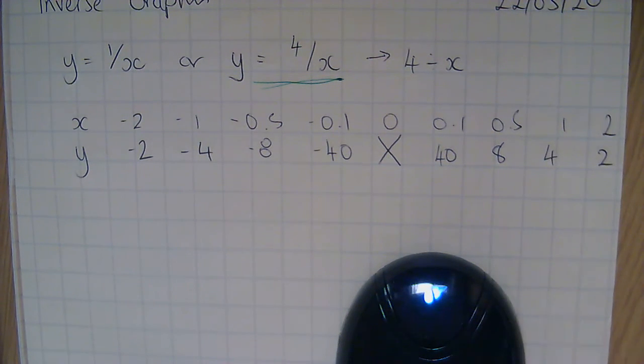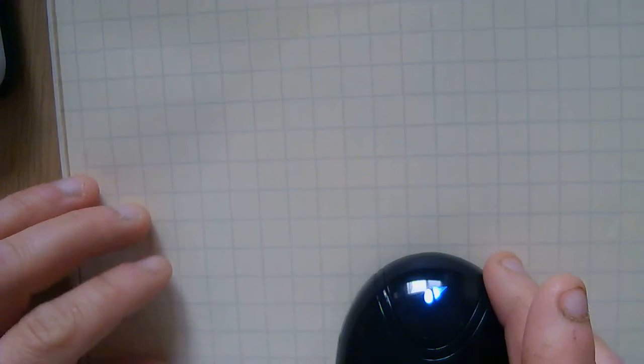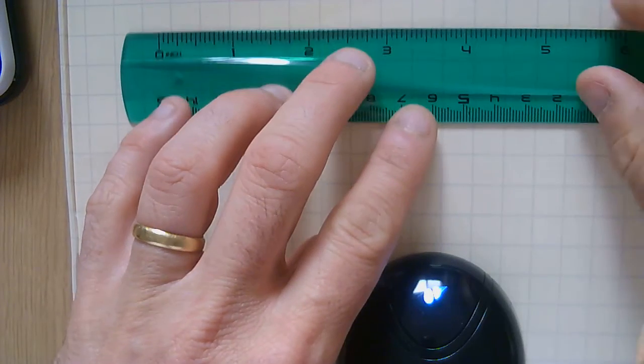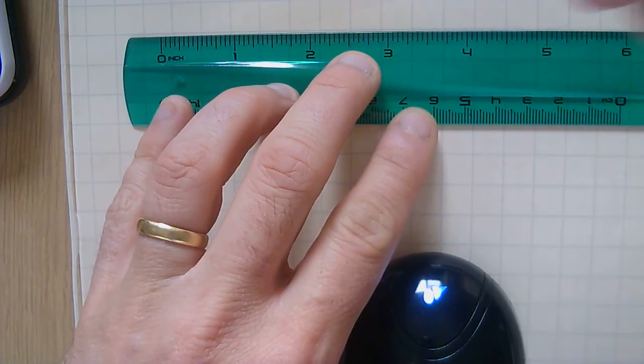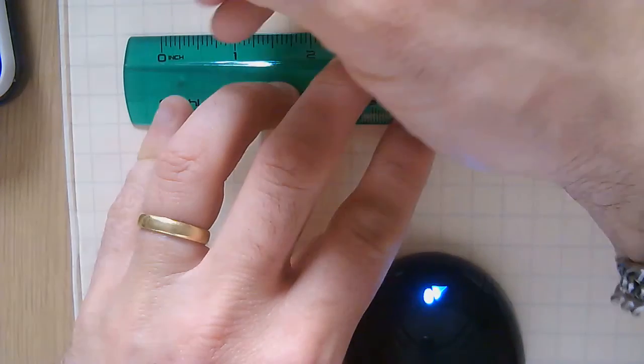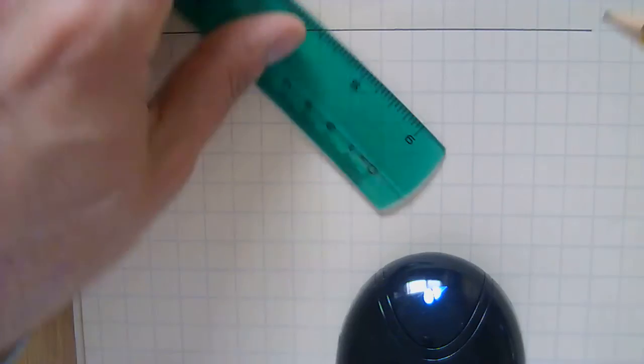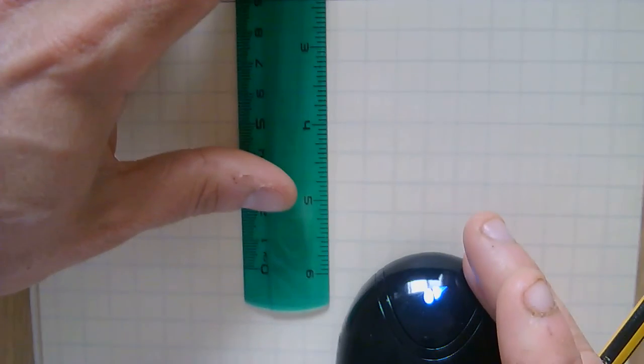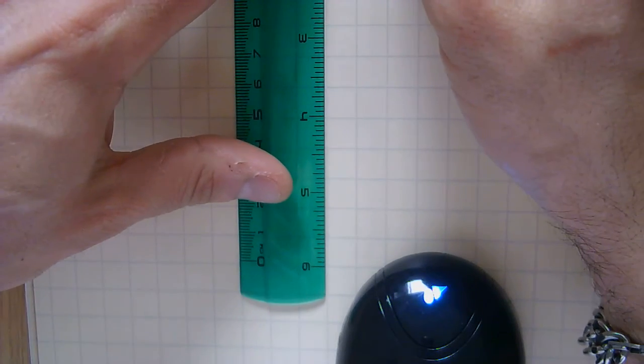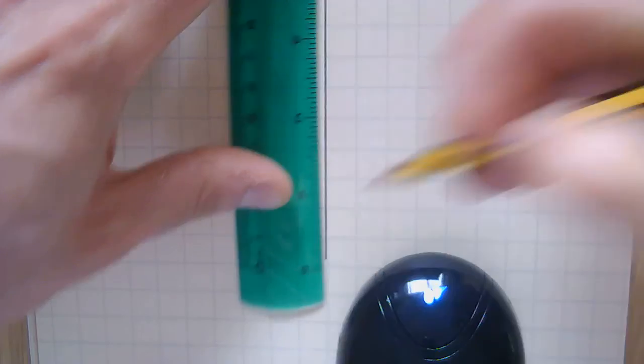So x is going to go from -2 to 2, so I'm going to make sure that my axes are plenty spaced. My y has got to go from -40 to 40, so I'm going to give myself as much space as I can, filling up the page.